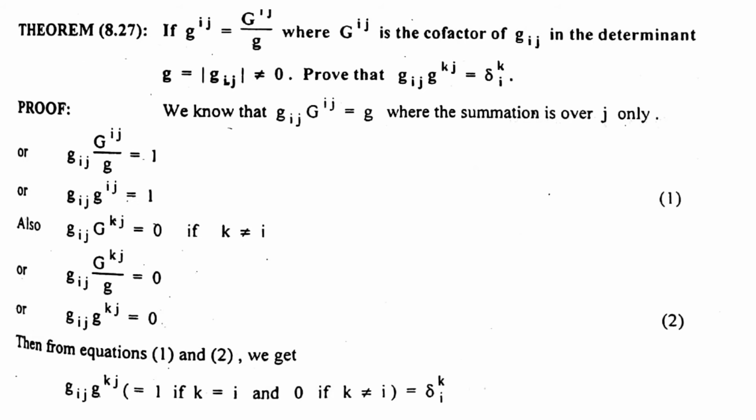If I shift the small gij to this side, then we get in terms of the inverse, small gij in inverse form, this is equal to 1. If any element is the inverse of the other, then we have a multiplicative identity.